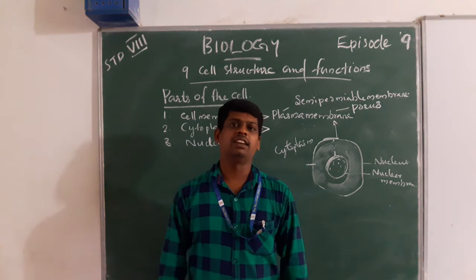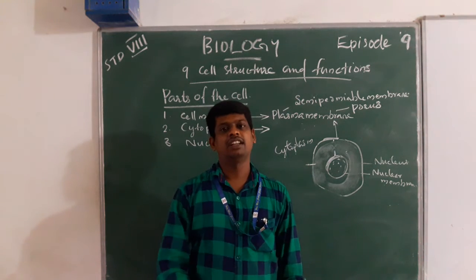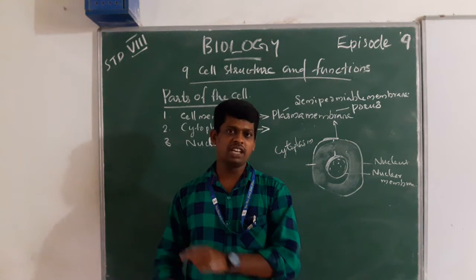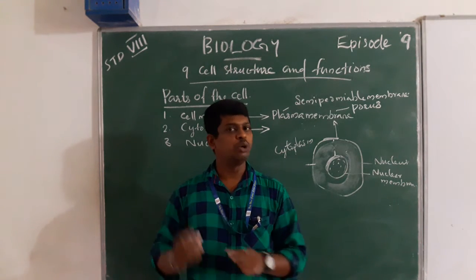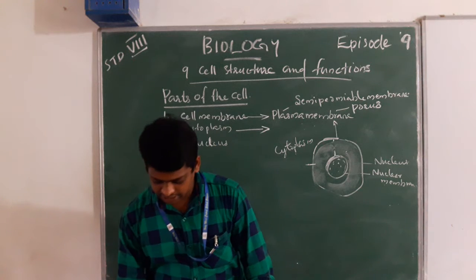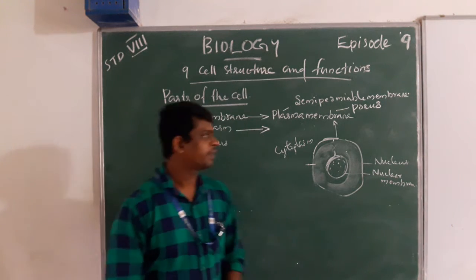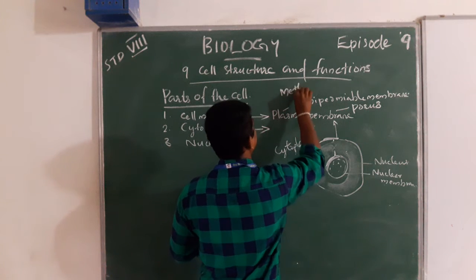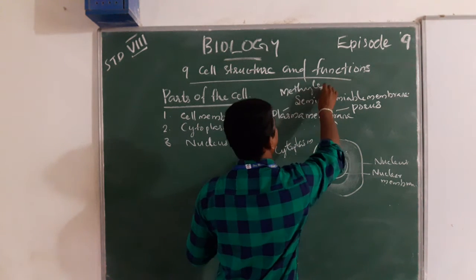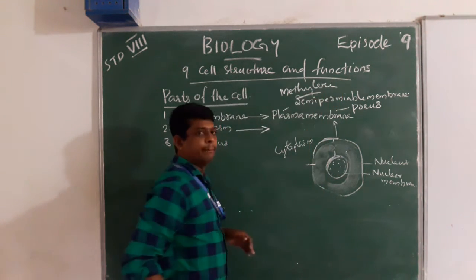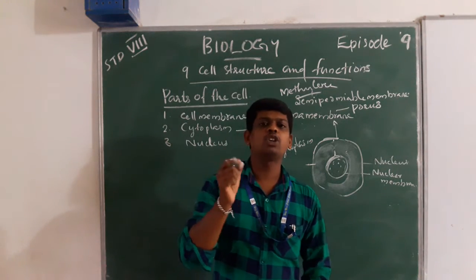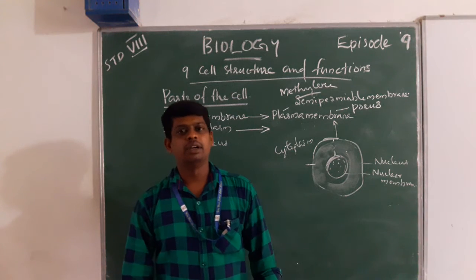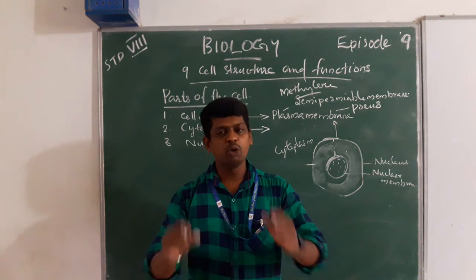That onion layer is cut, and we take it to a watch glass and use some stain. The stain is methylene. A small drop of methylene is added because this is a colored pigment. Methylene is blue in color.